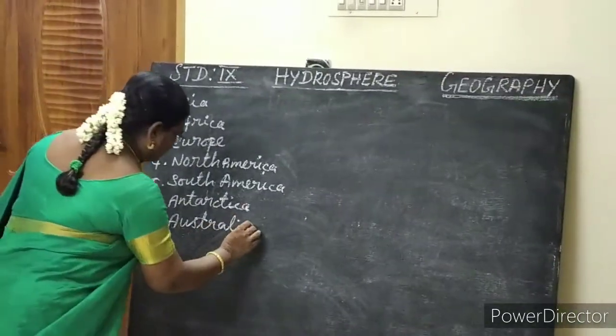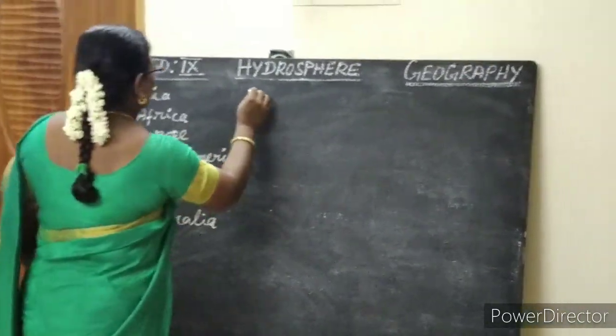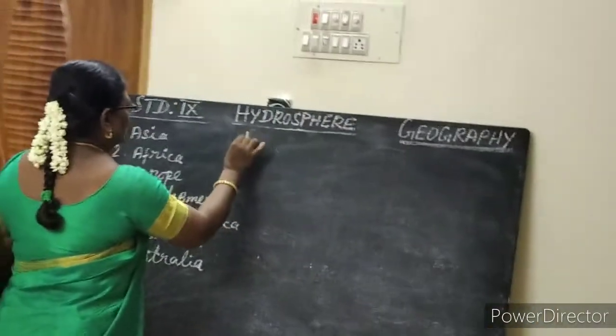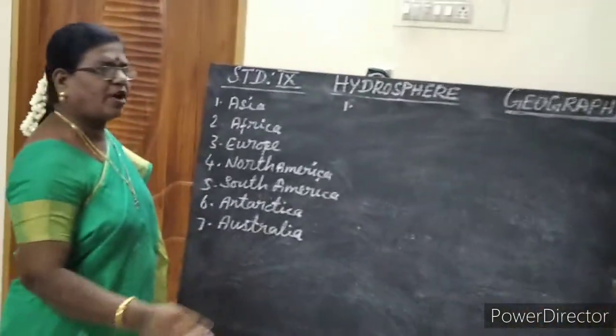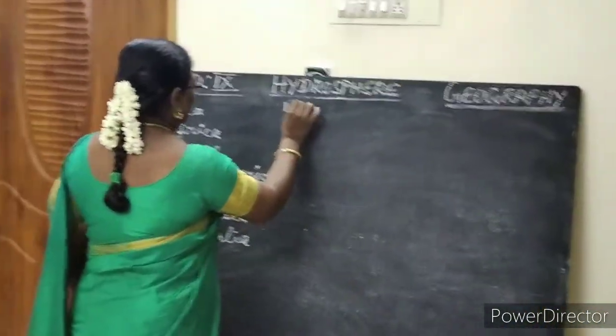How many oceans are there? There are 5 oceans. Name the 5 oceans, children.